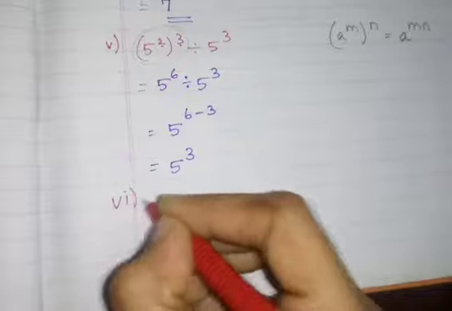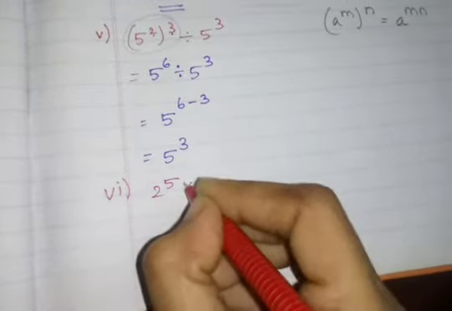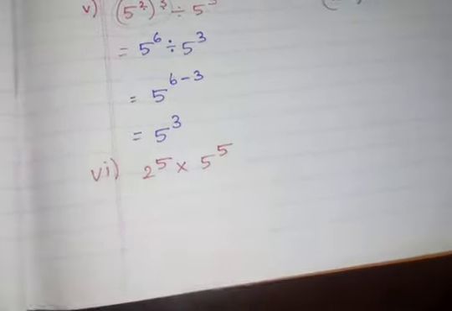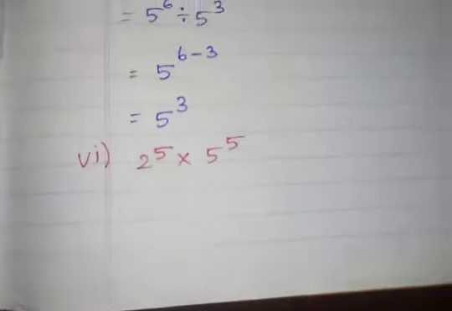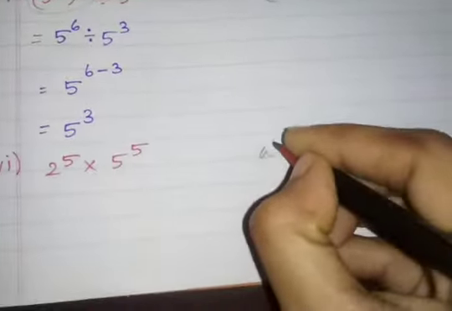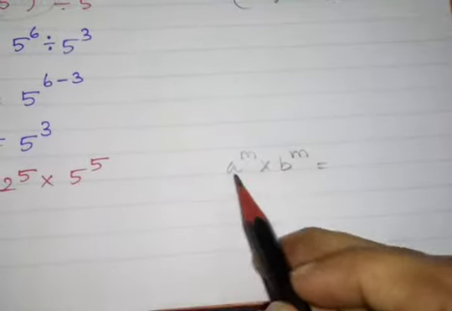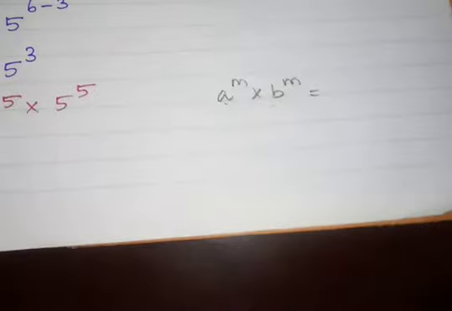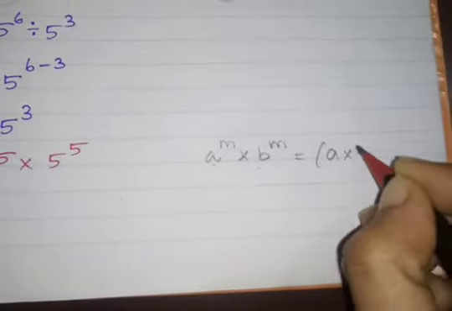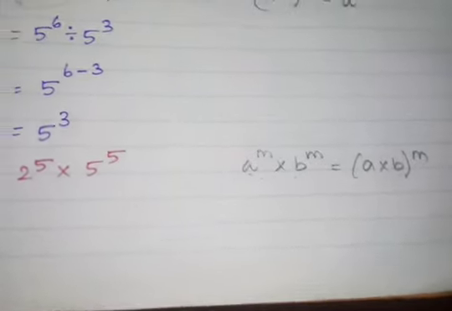Sixth problem. 2 power 5 into 5 power 5. So this looks like what method, children? a power m into b power m. Bases are different but powers are the same. So what will you do? You will multiply your bases and put the same power.